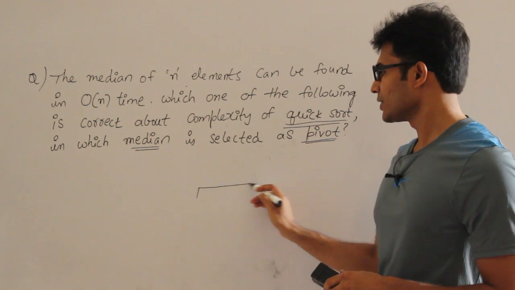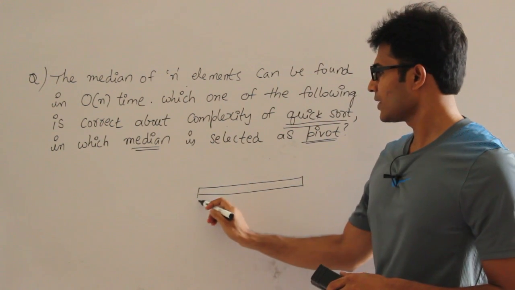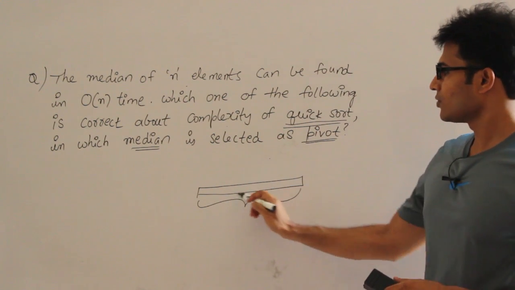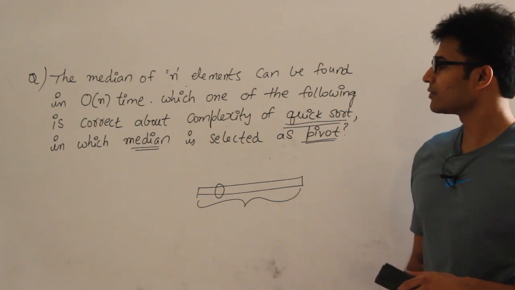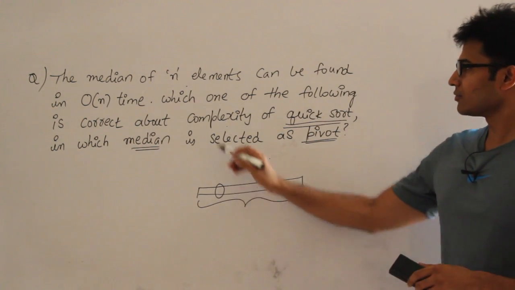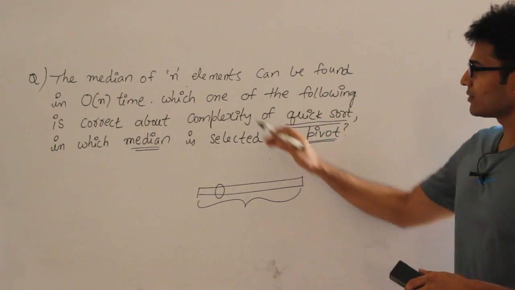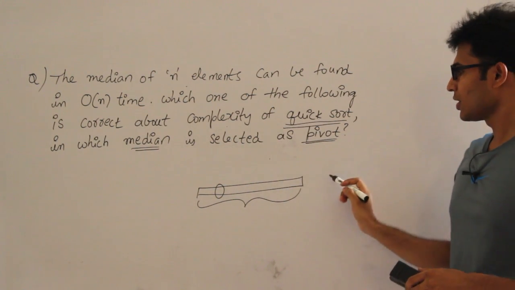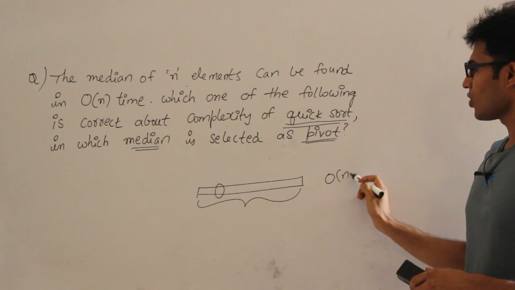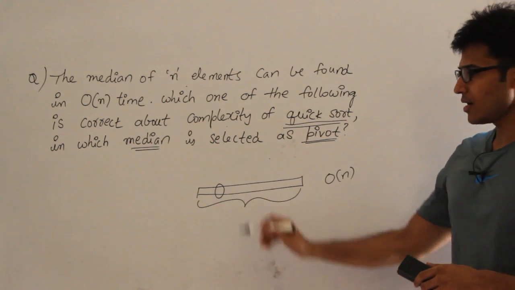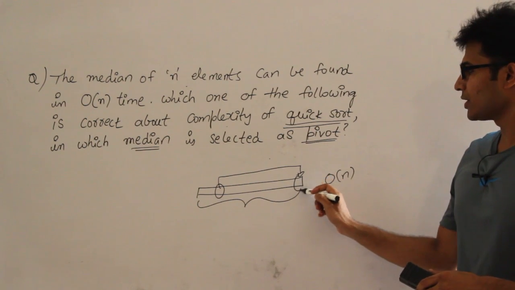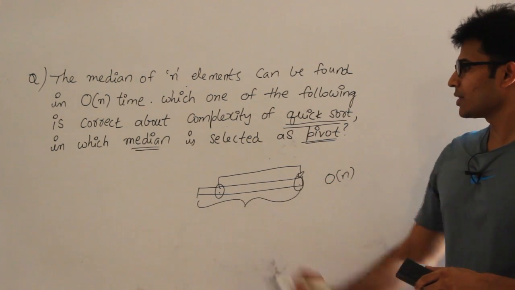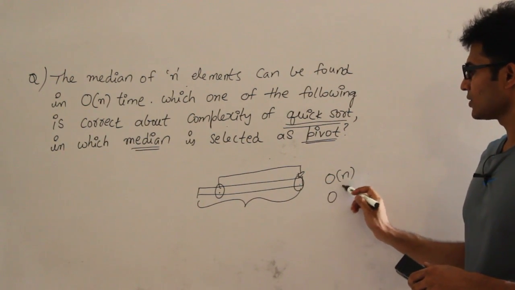Then what you could do is, given n elements, first find out in order of n time what the median is. Then you put that median at the end: you take the last element and swap it, for which the time taken is constant.